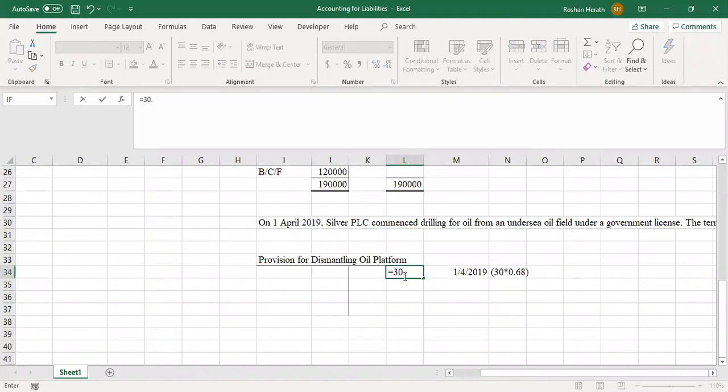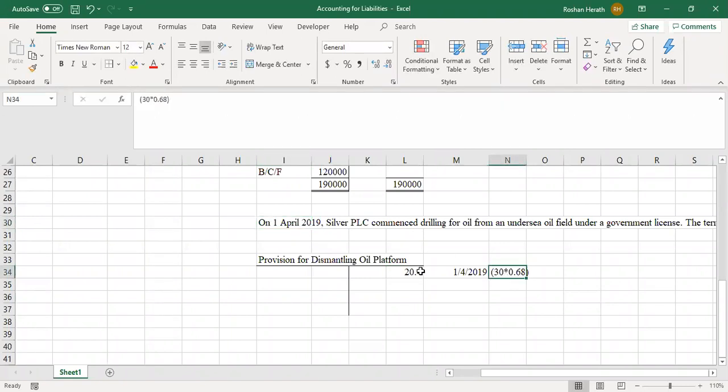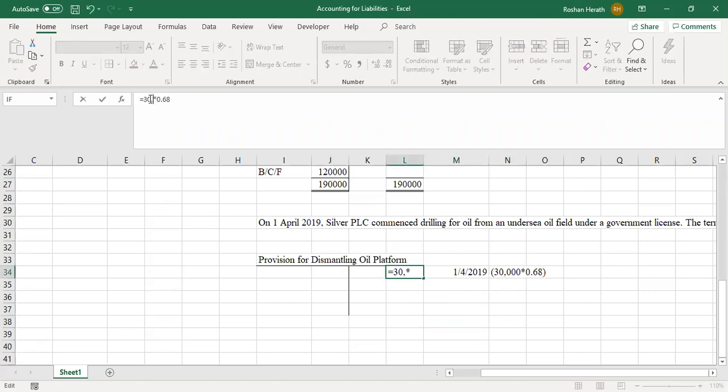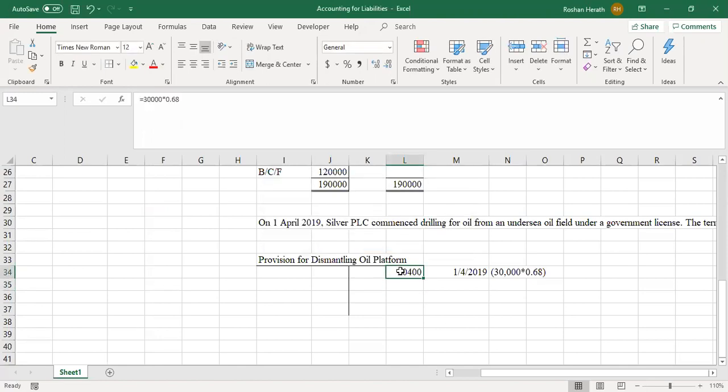So consequently, you can establish the provision at 20.4 million. Now, since we are presenting the figures in thousands, let me take 30,000. So it's going to be 20,400.